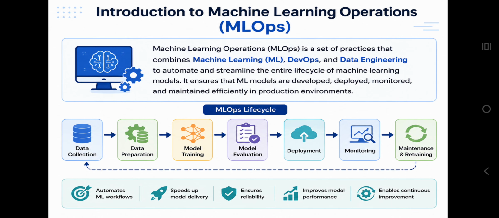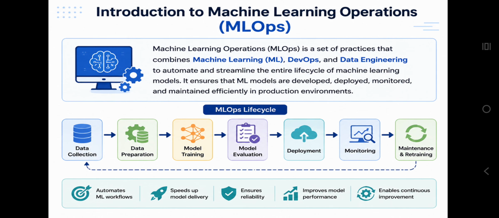The definition goes like this: machine learning operations is a set of practices that combines the machine learning subject, the DevOps subject, and the data engineering subject to automate and streamline the entire life cycle of machine learning models. It ensures that machine learning models are developed, deployed, monitored, and maintained efficiently in the production environment.